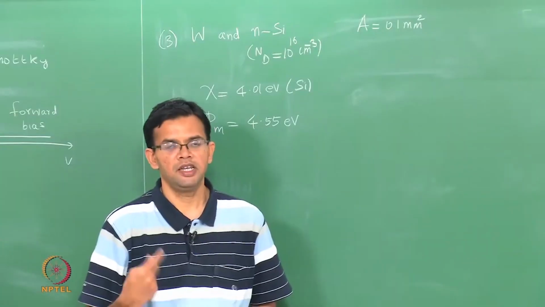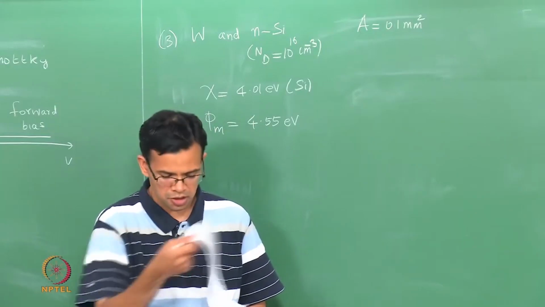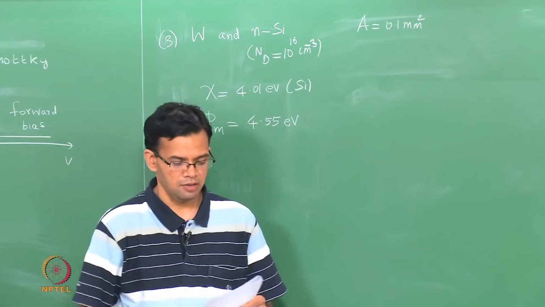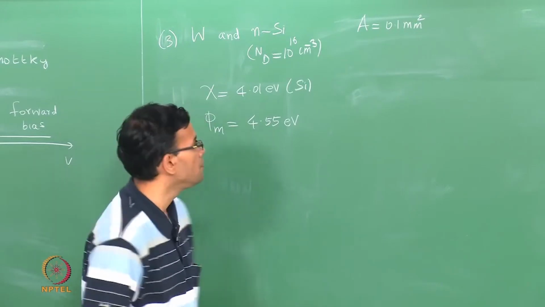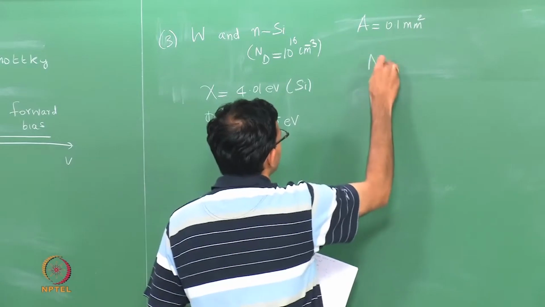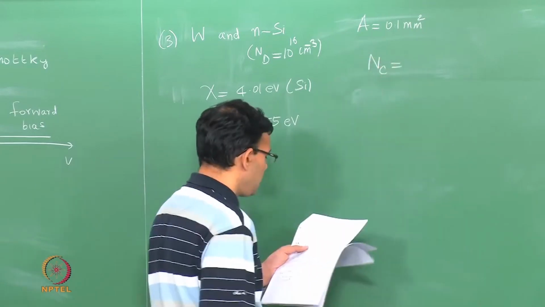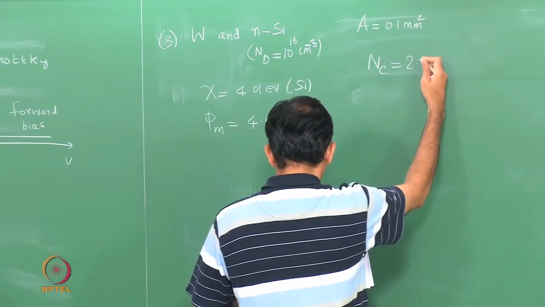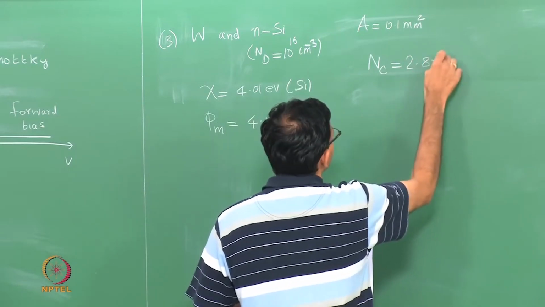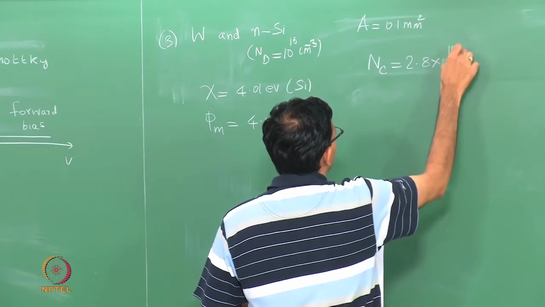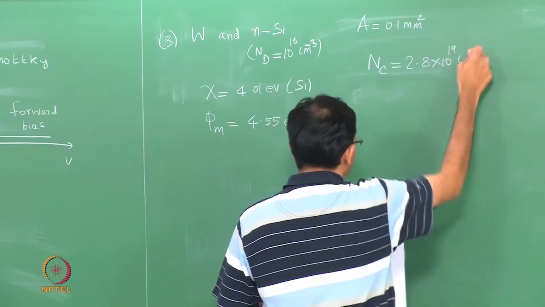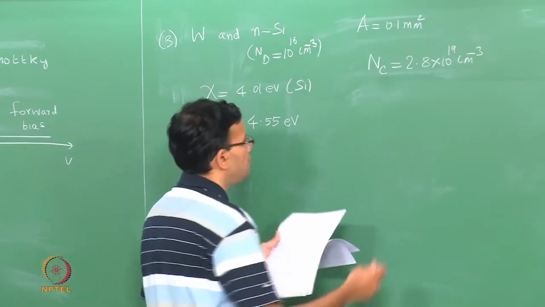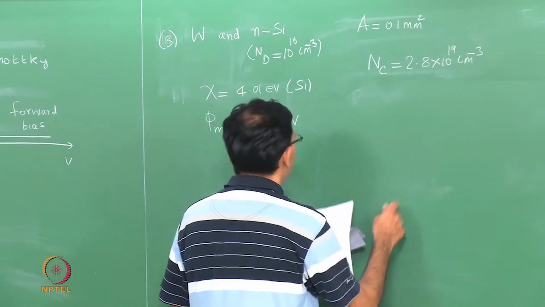So, once again we need to calculate the work function of the semiconductor. We can do the same thing that we did in the last problem. In this particular case, the effective density of states in the conduction band is given. So, that is 2.8 times 10 to the 19. We could use this directly to calculate the position of the Fermi level.